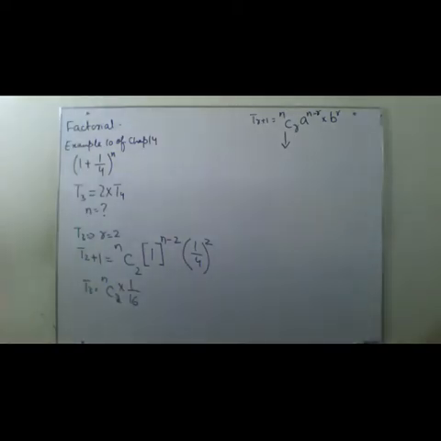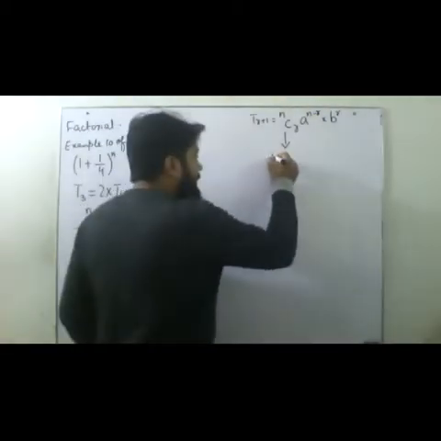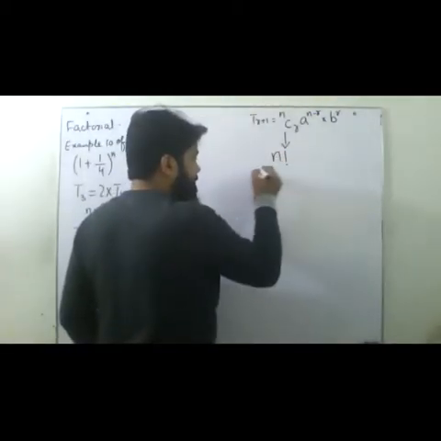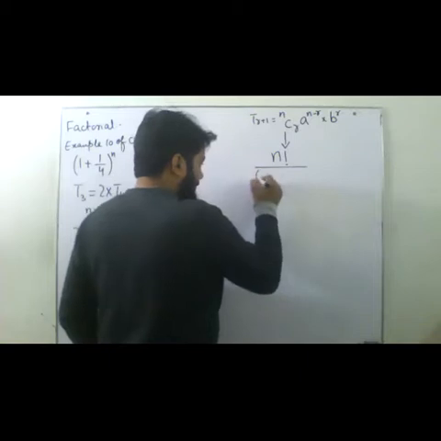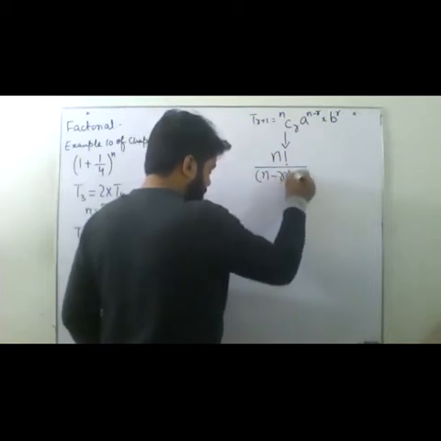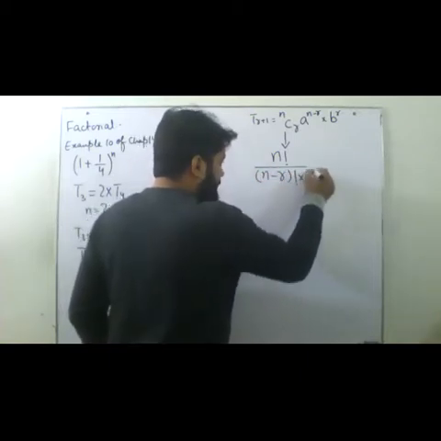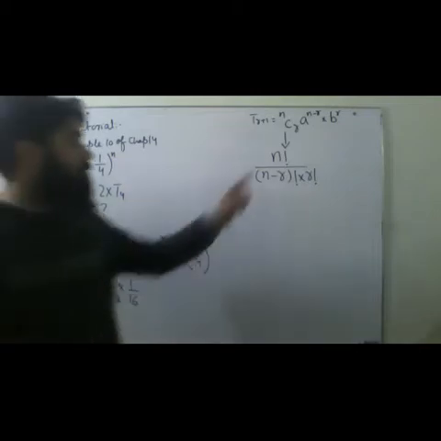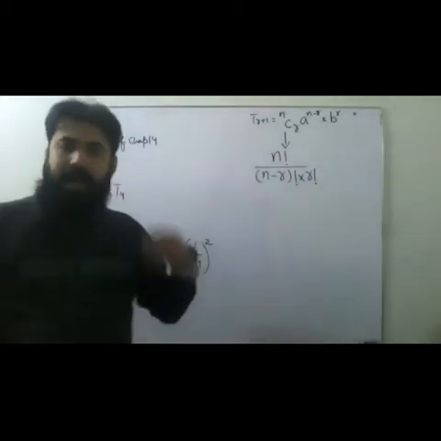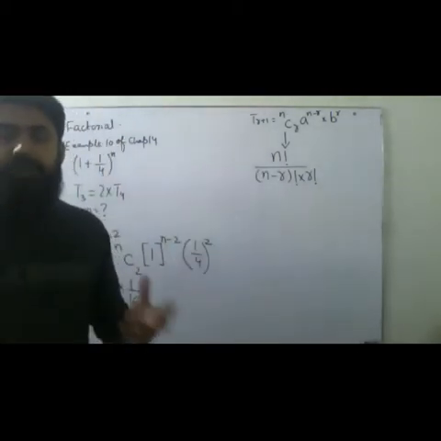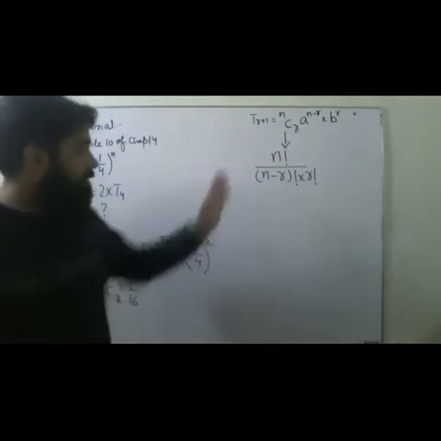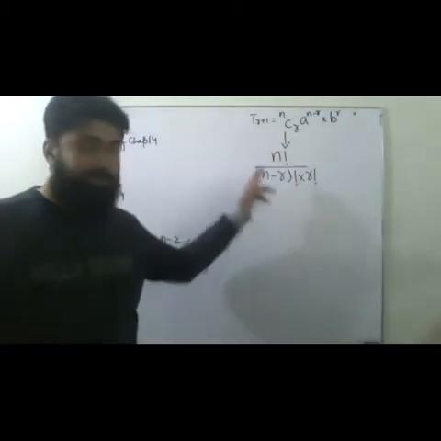Now, what does nCr represent? nCr represents a formula. The formula is n factorial over n minus r factorial into r factorial. In previous questions, I was not telling you this because in those questions, n was given. Either r was missing or we had to find the value of r. That was the scenario, so we were not reading this thing.